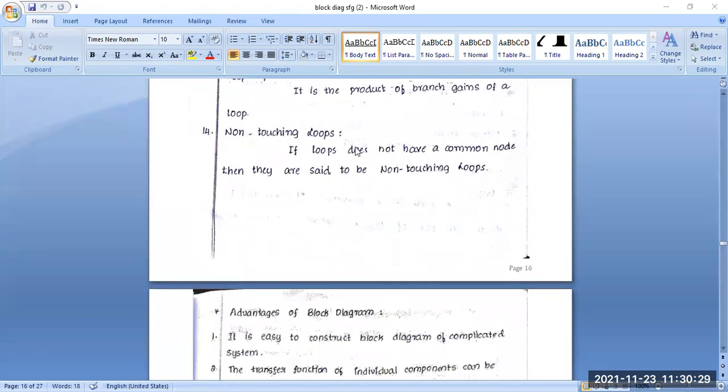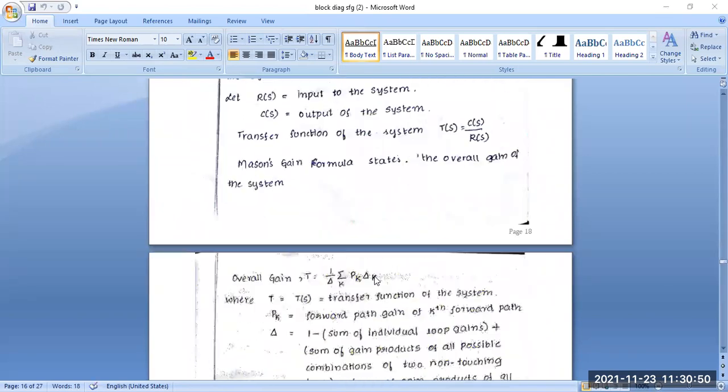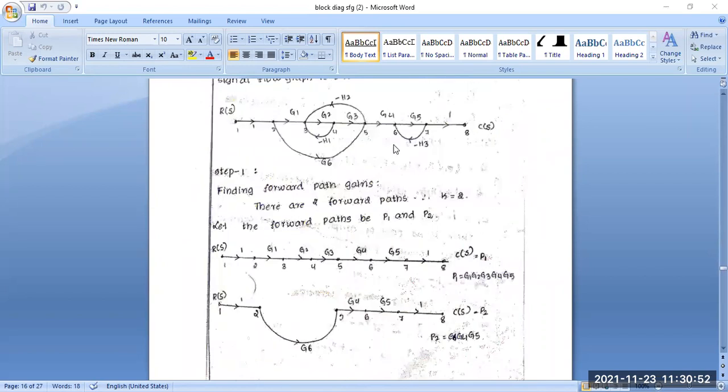Another one, non-touching loops. So in our previous diagram, we have seen there are lots of branches, that means lots of loops are available. For non-touching loops, if loops do not have a common node, then they are said to be non-touching loops. In the diagram you have just seen, this is basically one loop, and this is another loop, this is another loop, this is another loop.